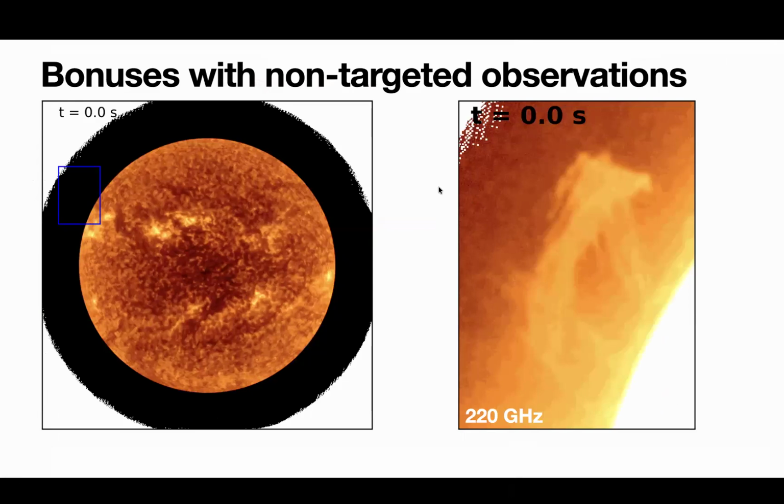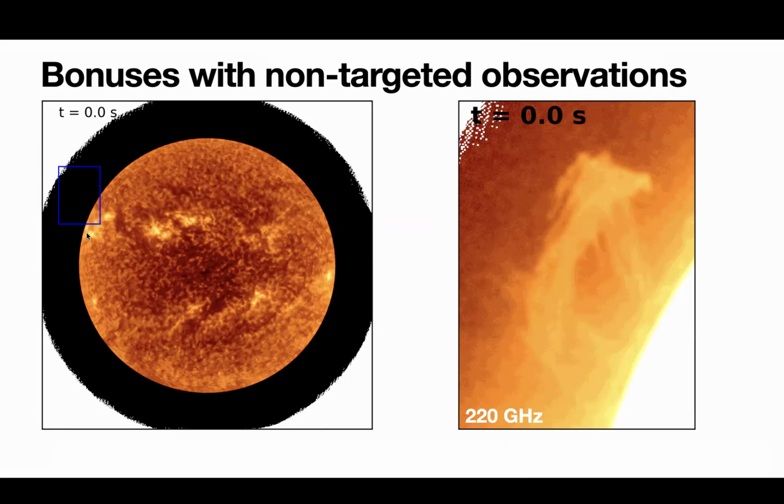And just a bonus of doing non-targeted observations is that as you don't focus on a small region on the sun, you capture everything that is interesting that goes on, such as in this case, where not only do we capture the flare in this active region, we also capture a prominence on the limb in this blue box here.